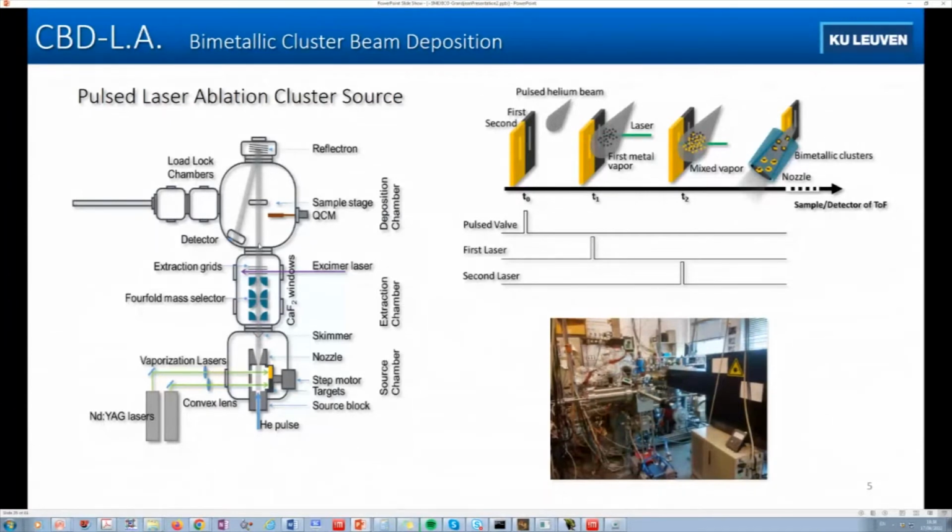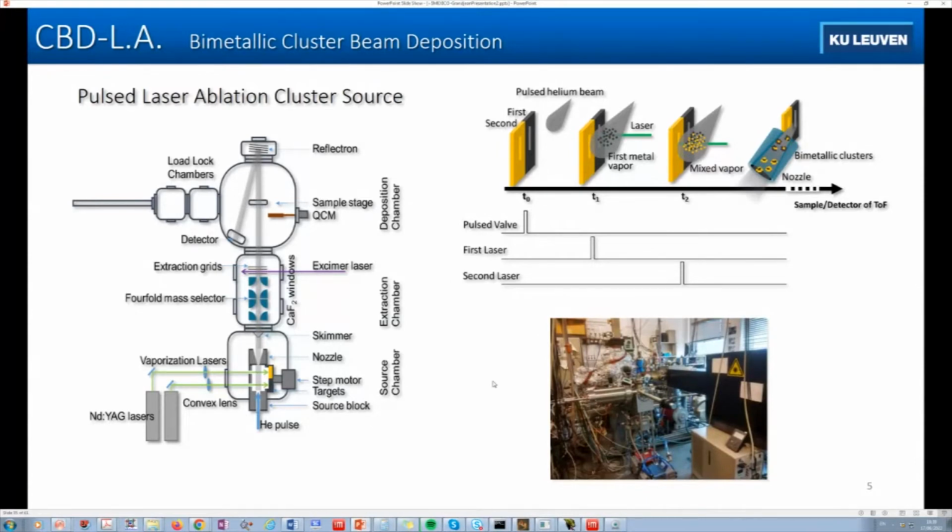So you can detect which clusters you are forming in your beam here, before deposition. And then of course, if you put the sample holder, the substrate, then you stop the mass spectrometry. So once again, you see the laser here, and everything is of course in vacuum.